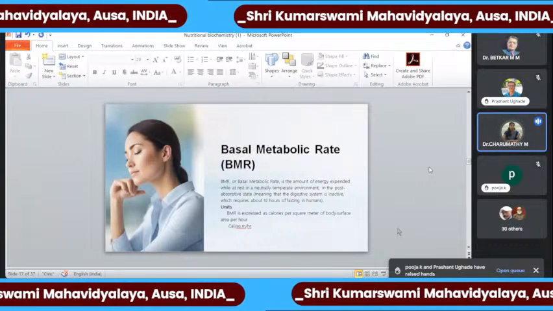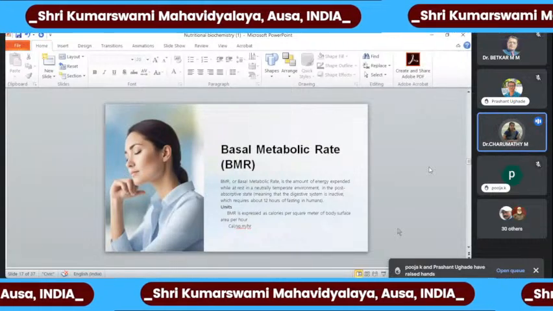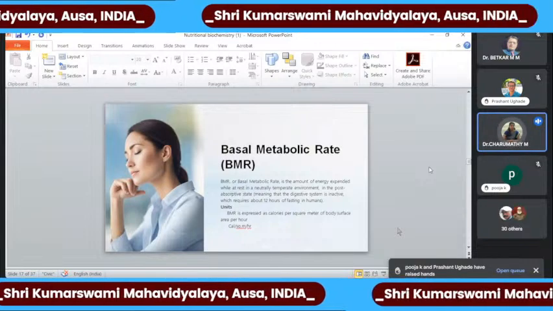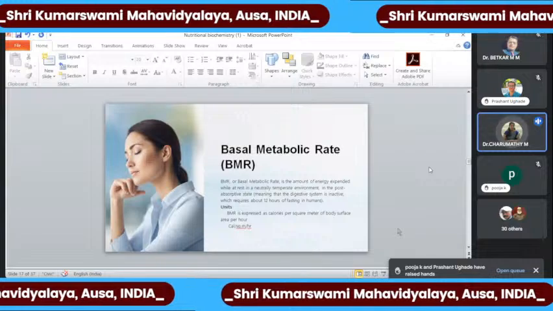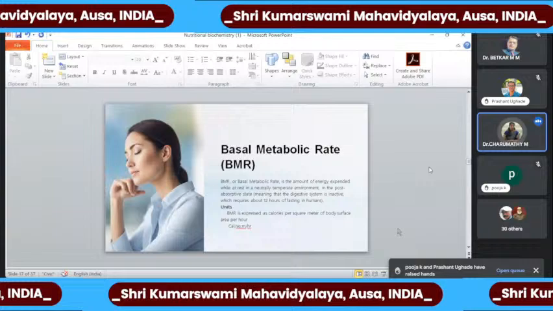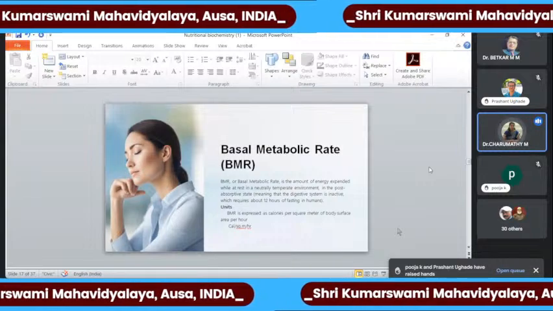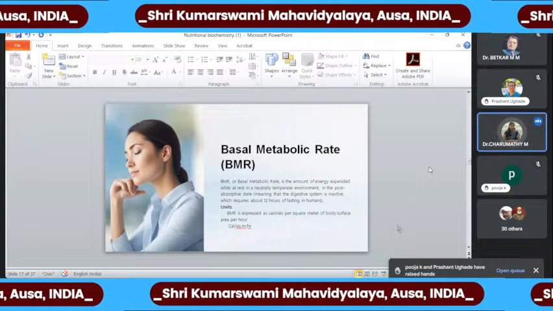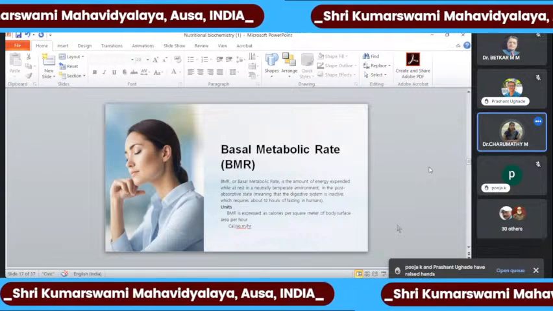At that time only our heart, kidney, and breathing work. So they calculate how much energy the body utilizes, and according to that, the BMR is calculated. It will differ according to age, weight, height, gender, etc. The unit to measure BMR: BMR is expressed as calories per square meter of body surface area per hour.